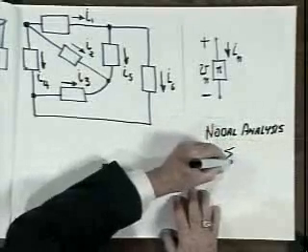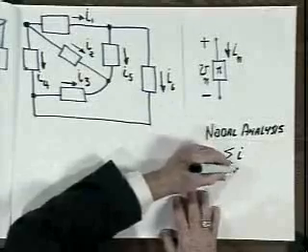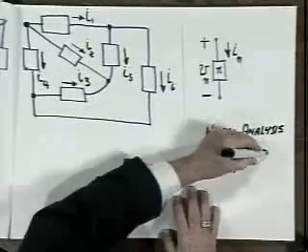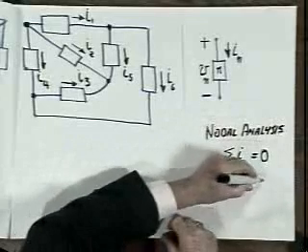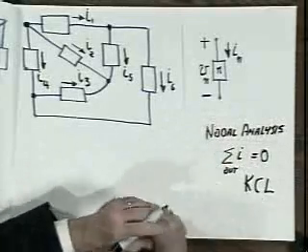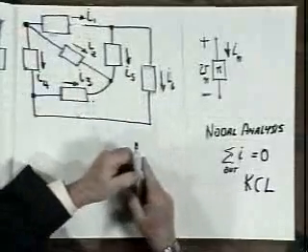But that's the convention I'm going to use throughout. In other words, the sum of the currents out is going to be 0. That's the expression of Kirchhoff's current law that we're employing. Kirchhoff's current law, by the way, is an expression of the fact that for purposes of circuit analysis, charge does not accumulate on any node.